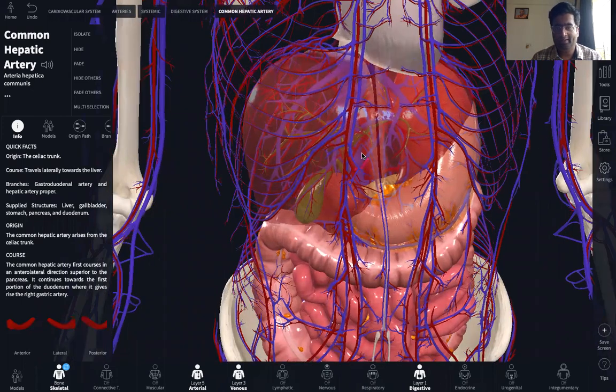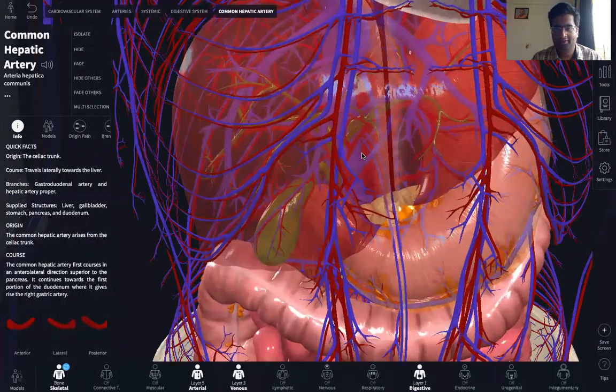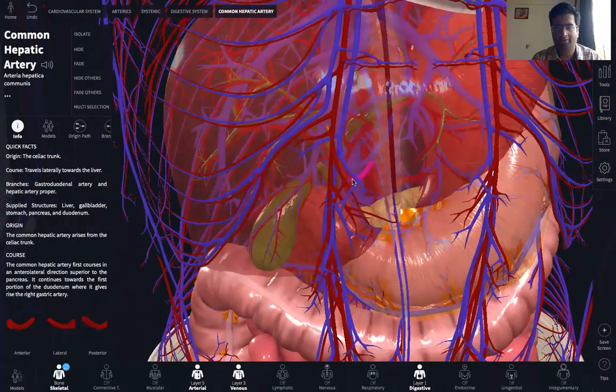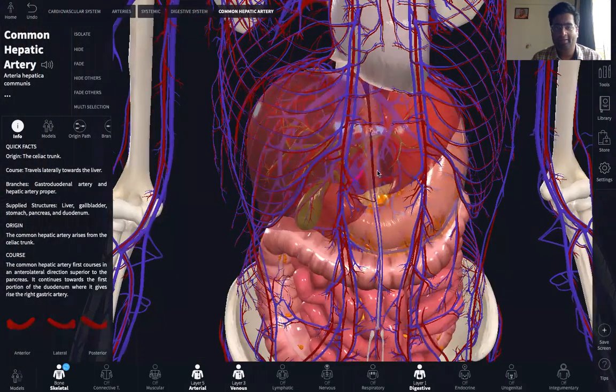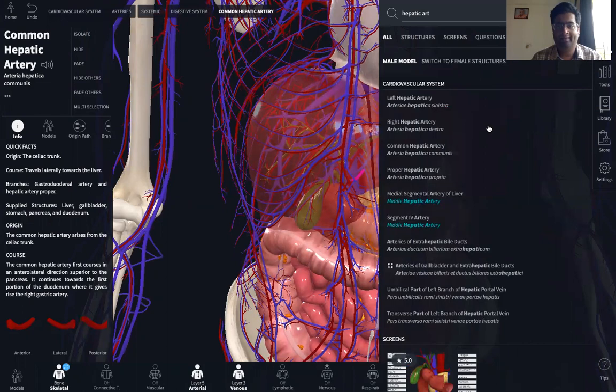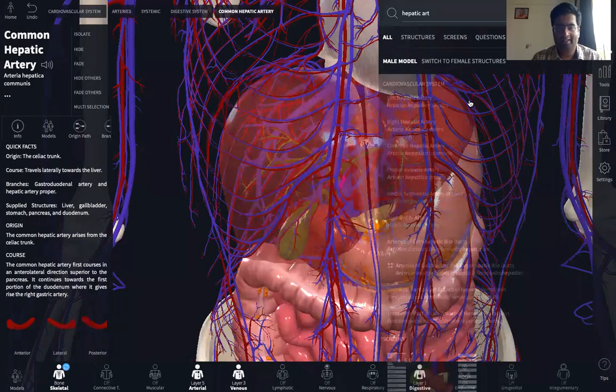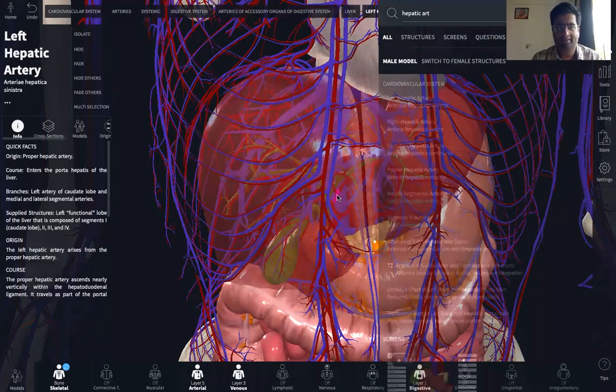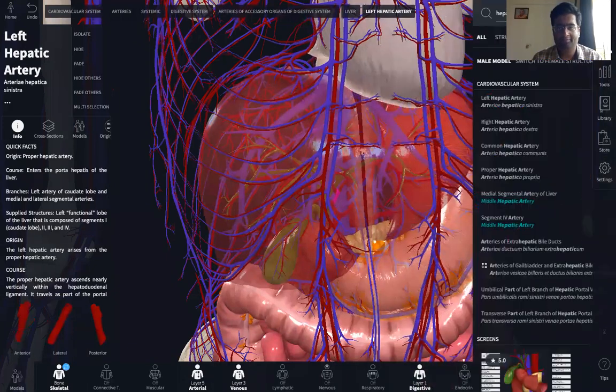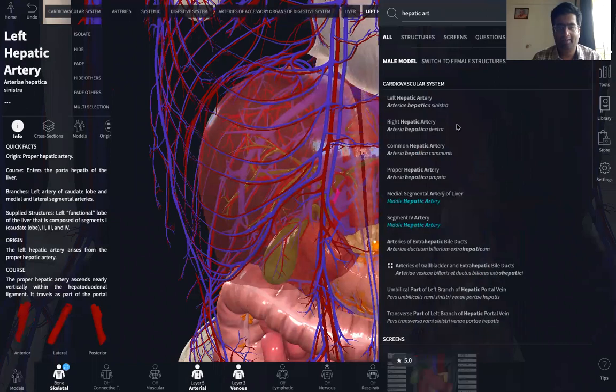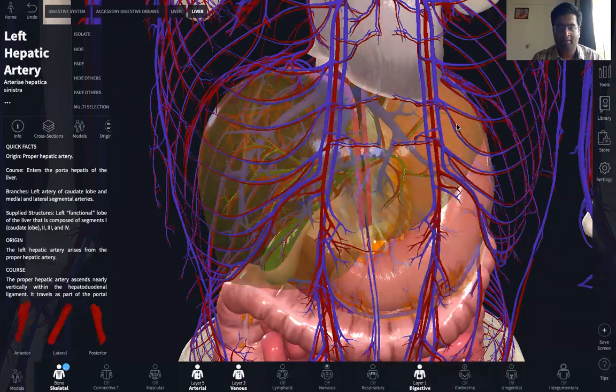What you see here in pink, a small vessel branching out near the liver, is the hepatic artery. That's the common hepatic artery, which will then go on to branch and form the right and the left hepatic artery. I'll just highlight the left hepatic artery. There you go. And you also have the right hepatic artery, so I'll highlight the right hepatic artery as well.